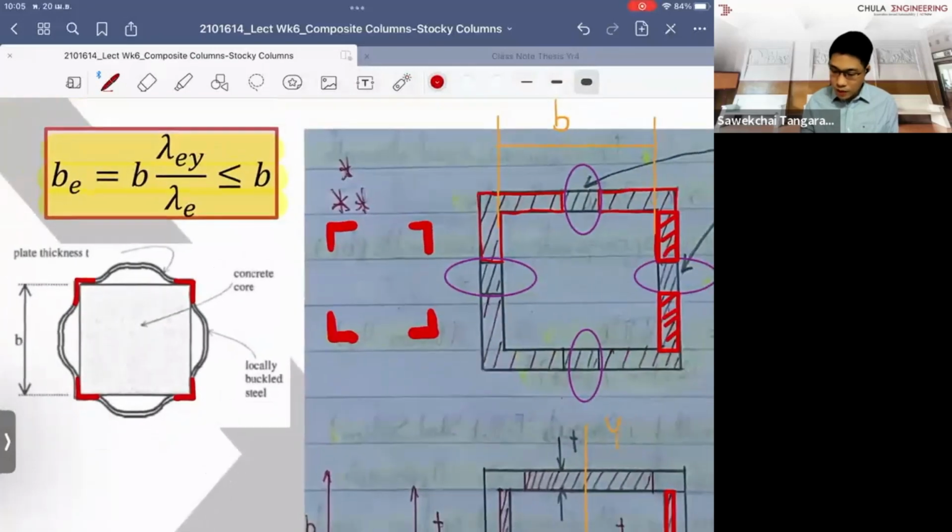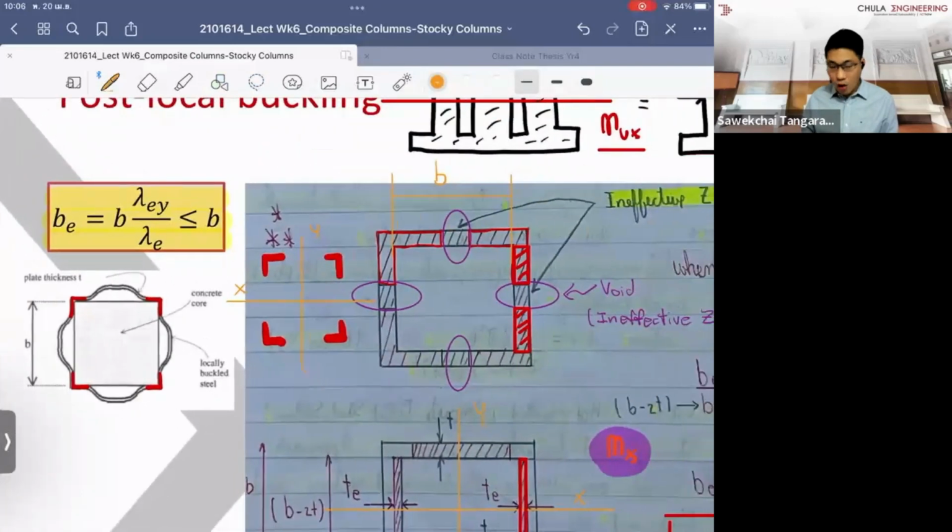And if you want to find the bending about the x-axis or the y-axis, you will have a problem because there is a void, and it makes your calculation more tedious, right?